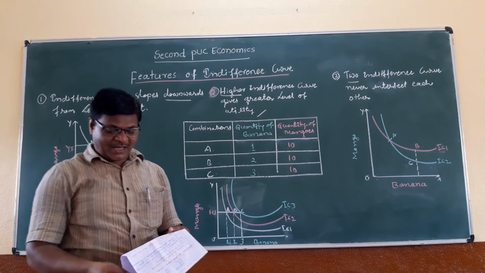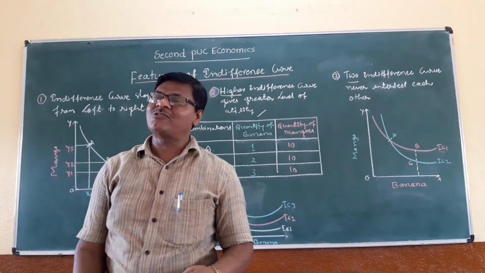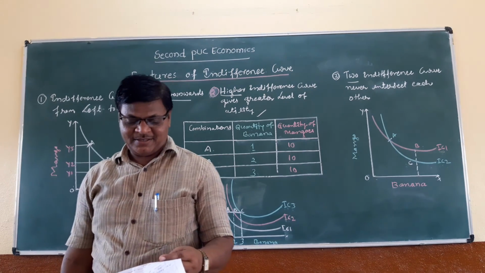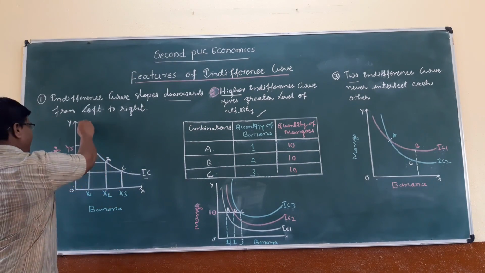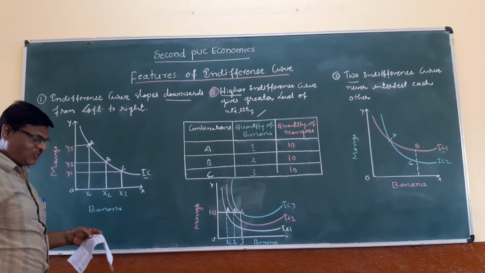The indifference curve should always slope downwards from left to right. An indifference curve has a negative slope.